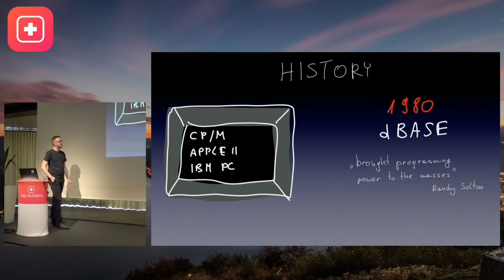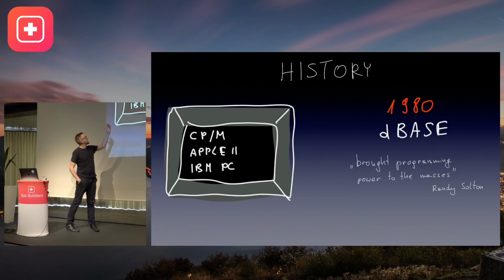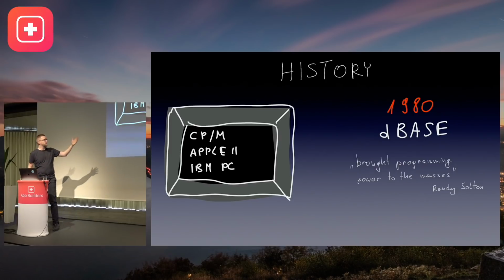So yeah, in 1980, dBase was introduced on the PC, right? Apple II, IBM PC, CP/M as an operating system. It comes with a text editor. There was a language called dBase, similar to Pascal, interpreted, I think. And it was a database with a language.